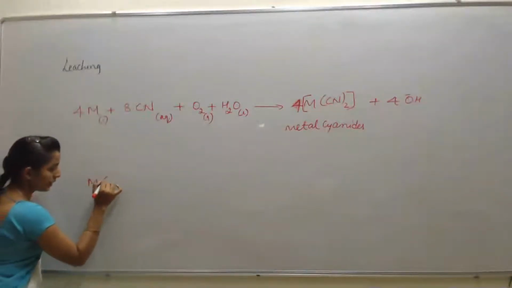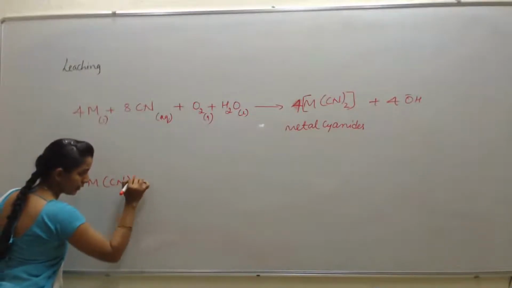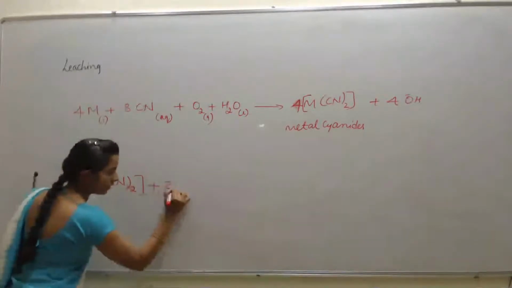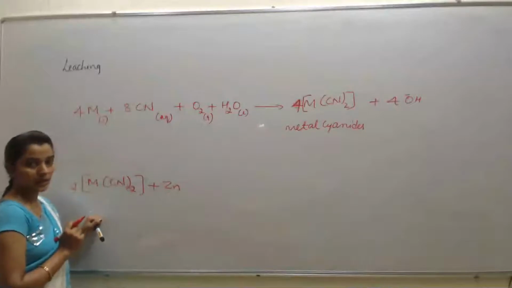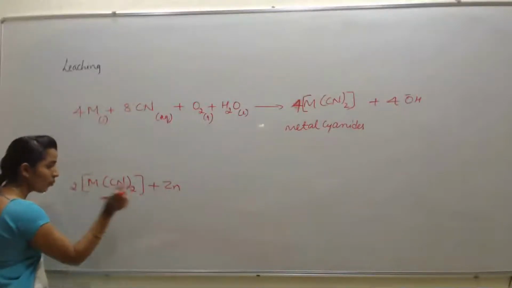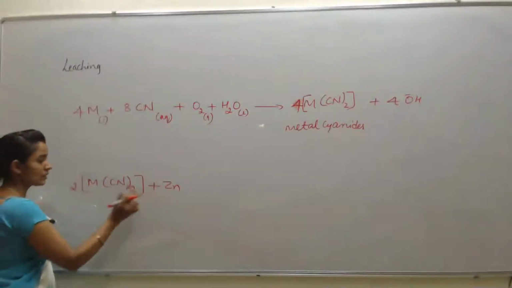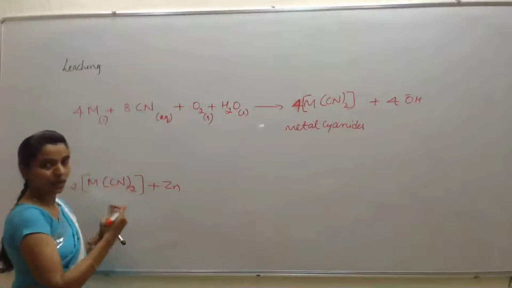This metal cyanide formed is treated with any other metal that is more reactive than these metals. This selection of metal is based on the Ellingham diagram, which reduces the other metal.